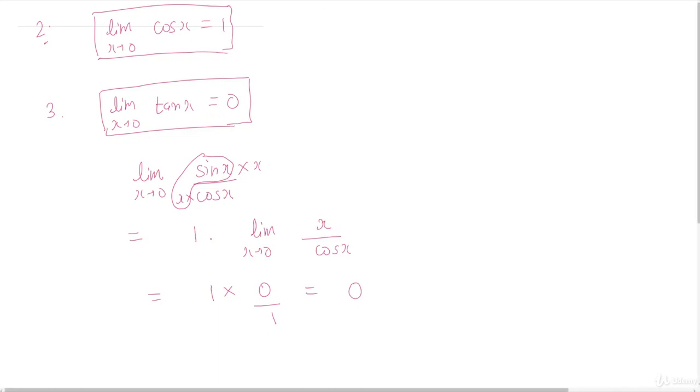So let's say in our first example we have to evaluate limit x approaches 0 of 1 minus cos x over x. So this is our example, right? So we're evaluating this.